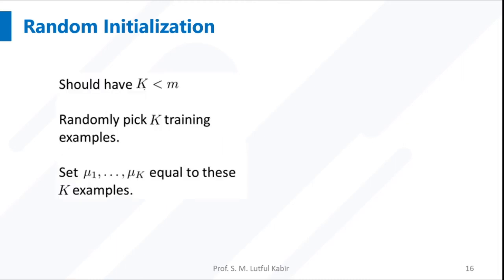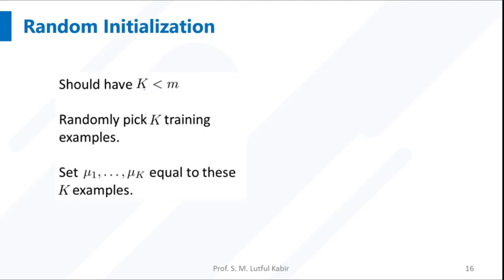The next topic is random initialization. Because if you don't do the random initialization, you may get stuck with certain problems. So let us discuss all this. Random initialization means first of all you have to decide the total number of clusters K, and that has to be less than m. m is the number of examples.